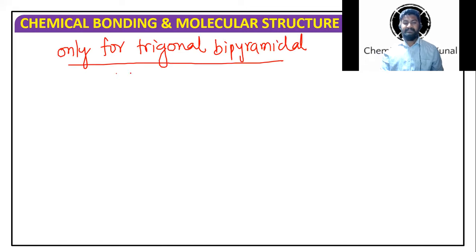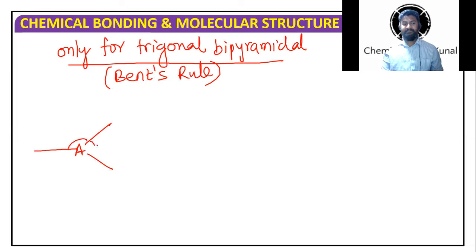This rule is called Bent's rule. Bent's rule says that for a trigonal bipyramidal geometry, A, the central atom is in the middle. Three atoms are 120 degrees apart from each other, like this. B, B, and B. And there is one up and one down.